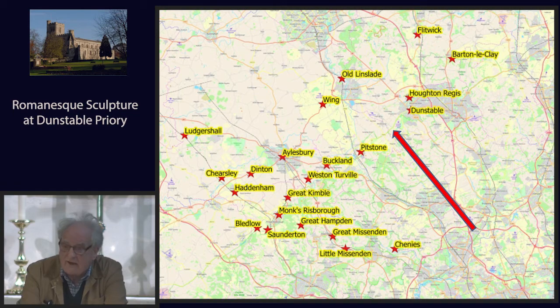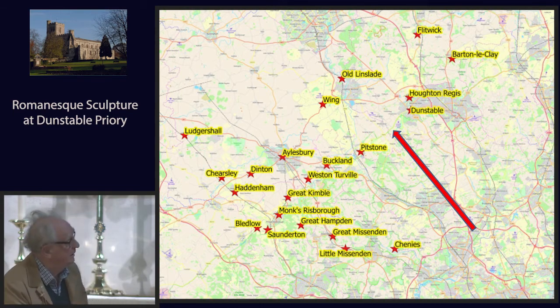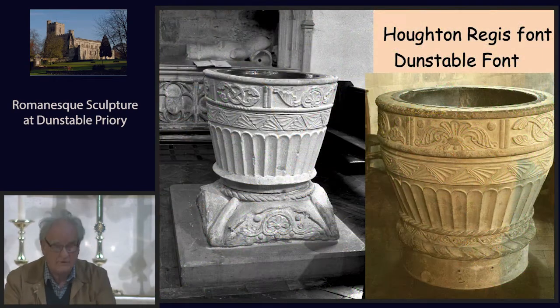And the nearest Aylesbury font to Dunstable is at Houghton Regis, just 11 minutes away by car, by the best route, and despite the usual traffic. That's the Houghton Regis font, and it might look vaguely familiar. I should point out that it's not chalice-shaped, but tub-shaped.